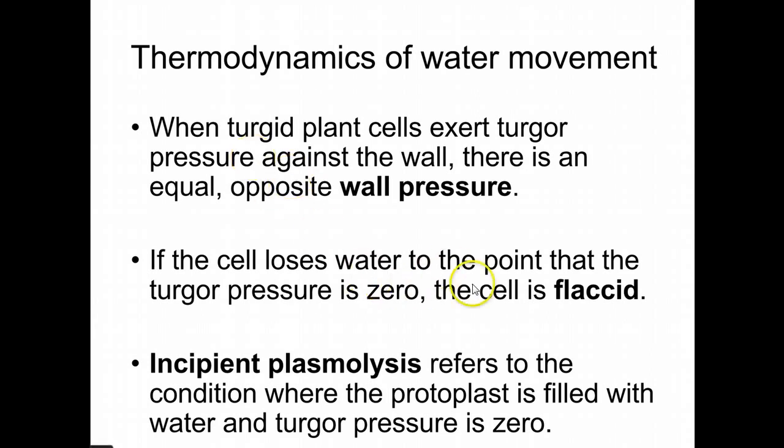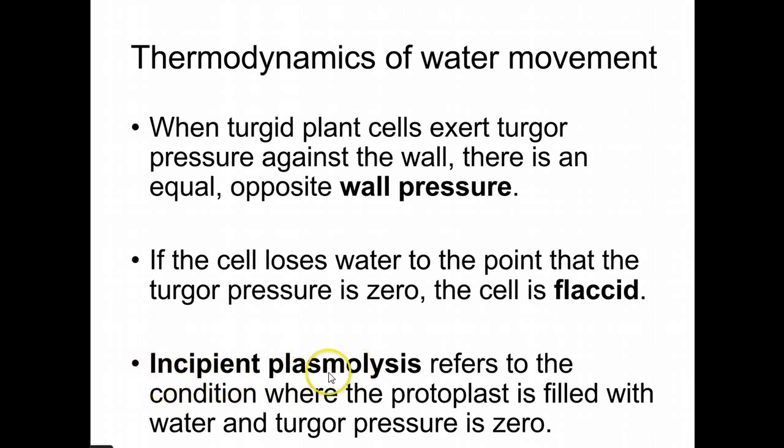Now, if it doesn't, then the cell is considered to be flaccid. Or if a leaf wilts, it can be considered that the cells are flaccid. And then we have this term we call incipient plasmolysis. This used to be used a lot more. This was something you could do with a microscope in cells.